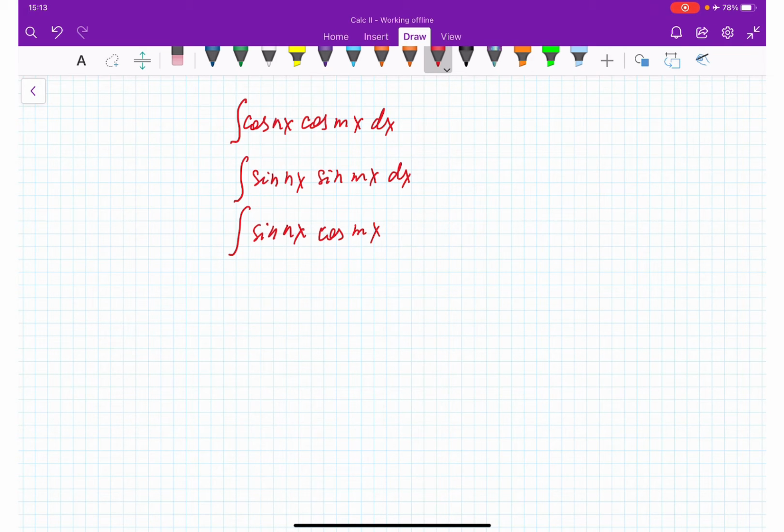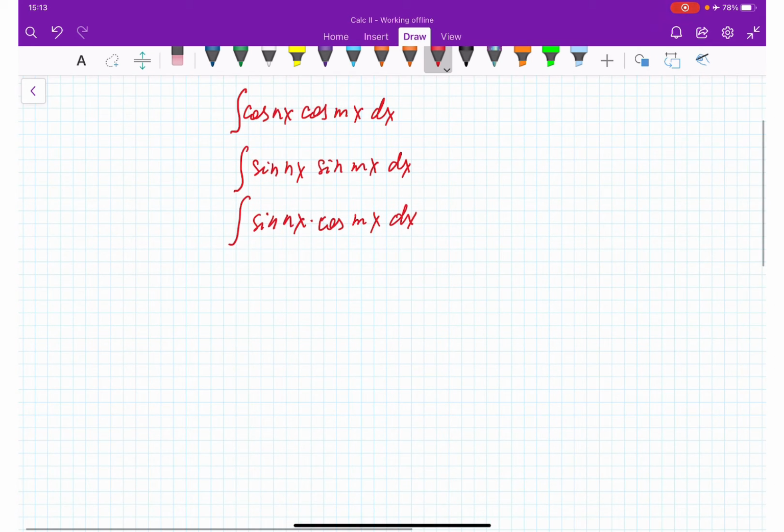So the product of the same trig function, and the product of mixed sine with cosine.